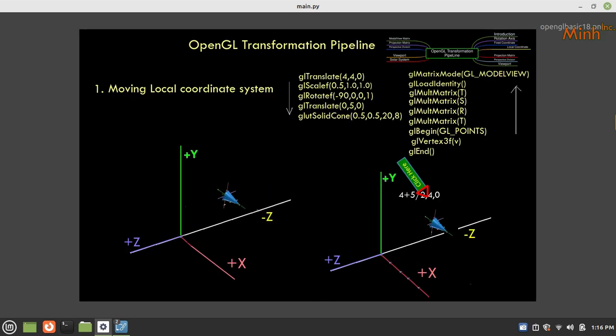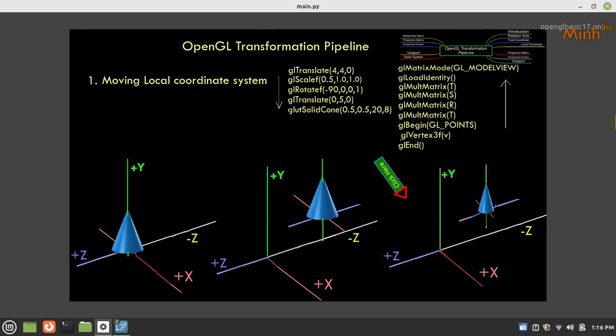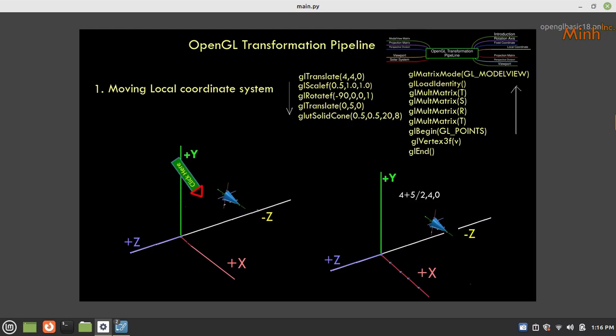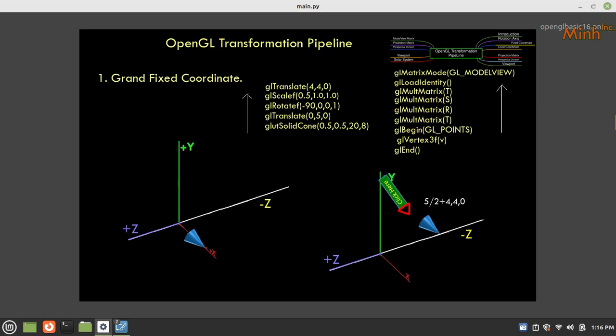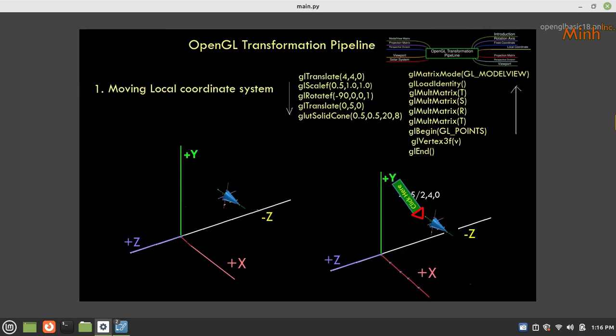So whatever we get at the end, whatever is at the beginning, it is the same in both approaches, because after all OpenGL code is the same. So here it is at the same location. So this is transformation.